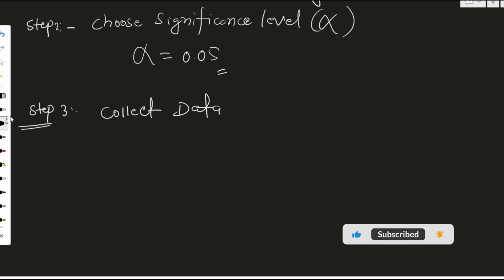Suppose we take thousands of patients and give the medicine to high BP persons. We will calculate the average of different samples. We will take 50 patients as one sample, then 50 patients as a second sample, and calculate the average BP. In that way, we collect data. So in step three, we are collecting the data, or the sample.